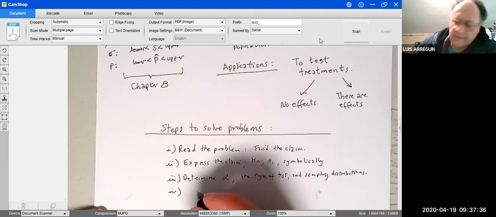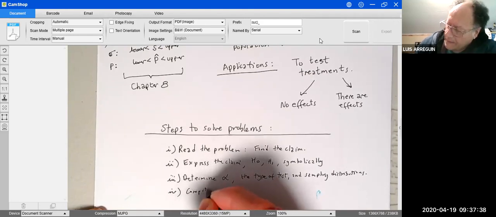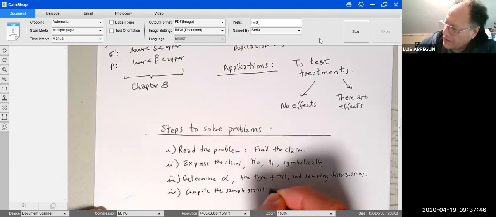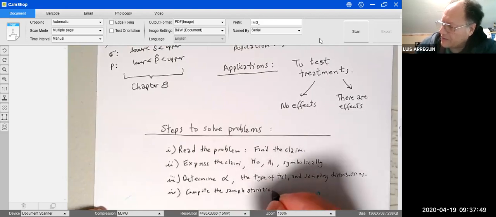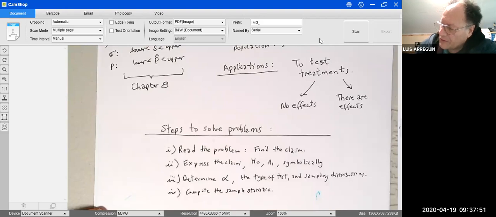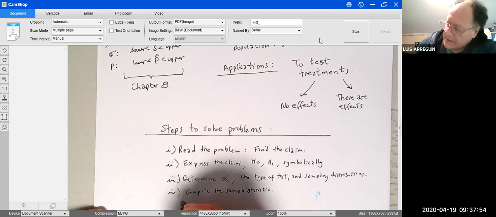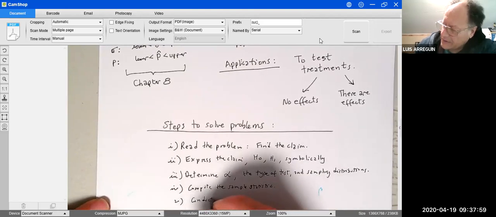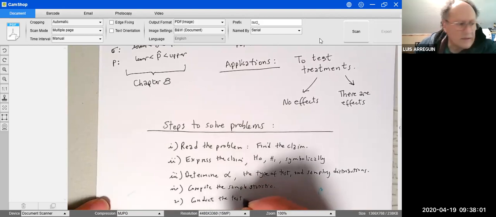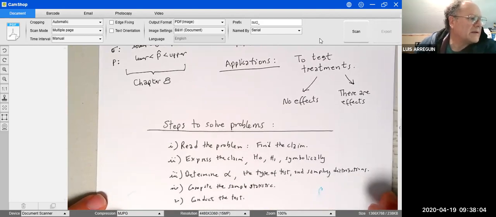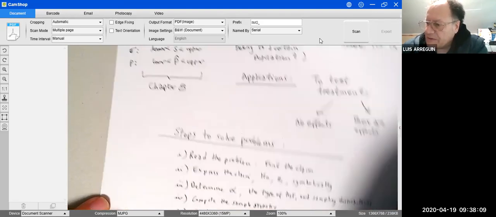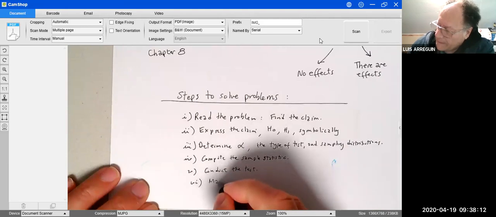So once you have this, you're going to compute the sample statistic. The sample statistic is just the number, the value that you're going to use to do all your testing, which is the next step. So you're going to conduct the test, and you're going to make a decision.